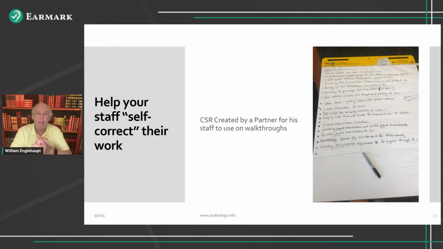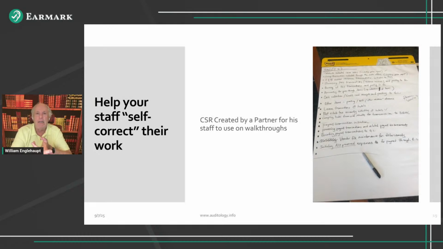So next example, right? A real life example, and this was done in a workshop that I did, and the partner was trying to help his team understand what the critical elements were in doing a walkthrough. And in this particular example, I realize the print is a little hard to see, but he basically said, look, we're going to be out and we're going to be looking at 6 different hotel properties, right?